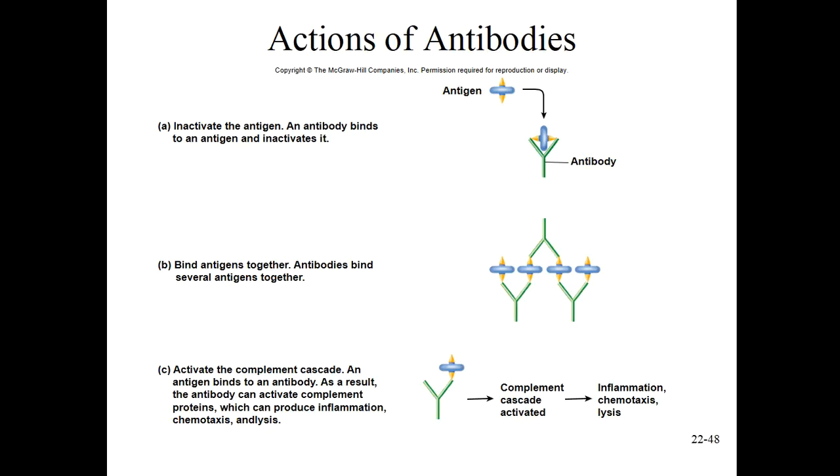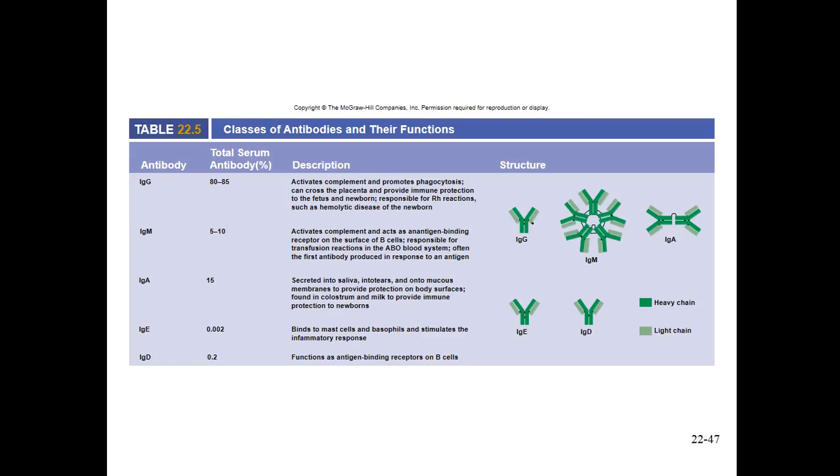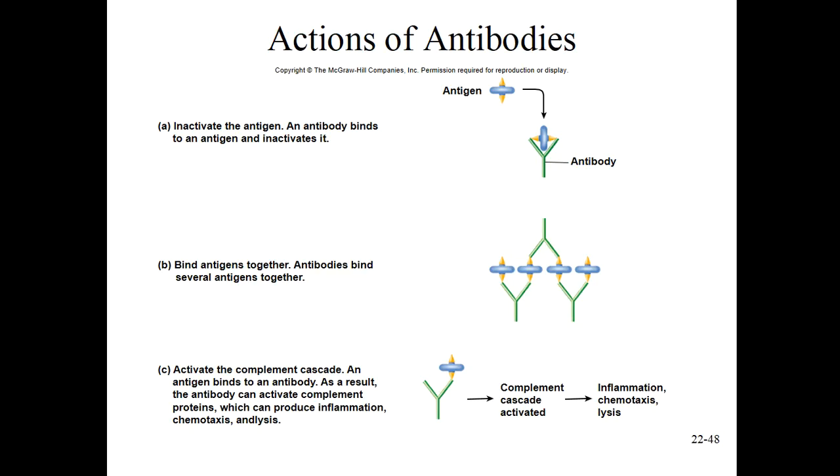These are all related ideas after the antigen-antibody complex. Specifically, we're looking here at those which trigger complement, which on this table remind us are IgG and IgM primarily.